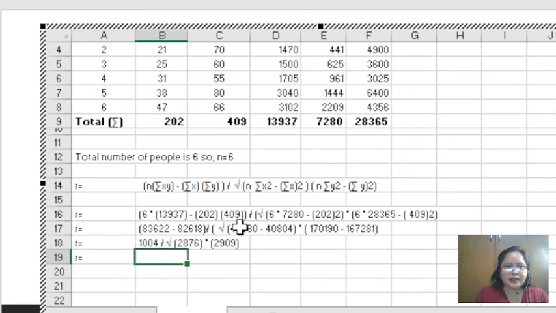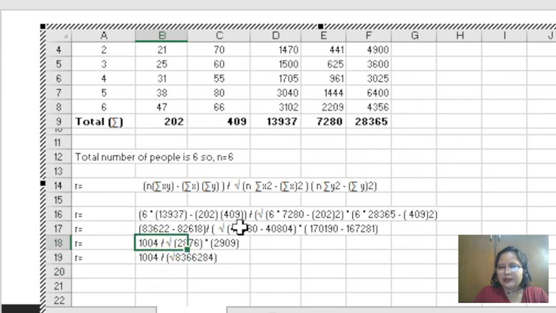Next, 1,004 divided by the square root of 8,366,284.